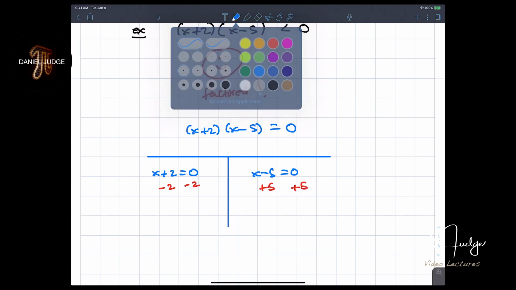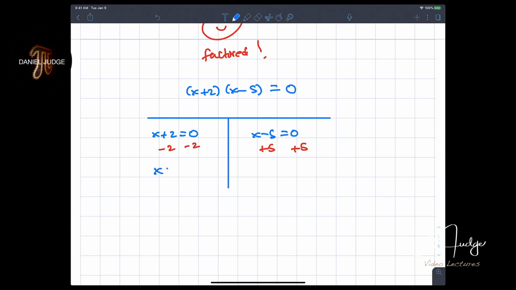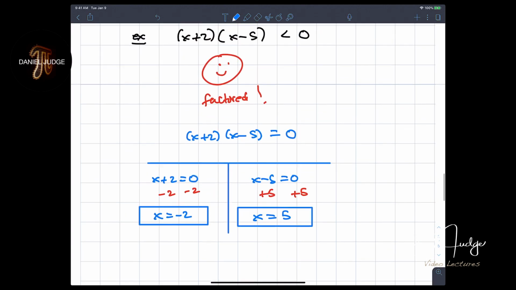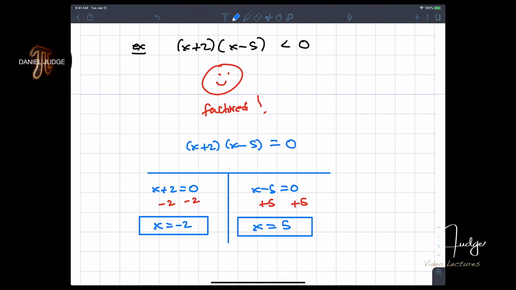You're going to get x being -2, solving by factoring. Here, x is positive 5 because you're doing the arithmetic on the right side, right? So these are the numbers that are going to partition the real number line. You guys have it right here. X is negative 2, x is positive 5.